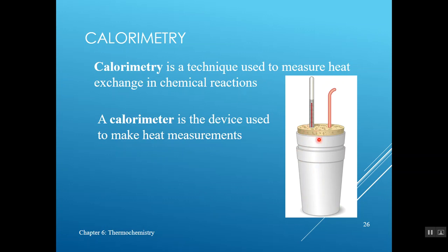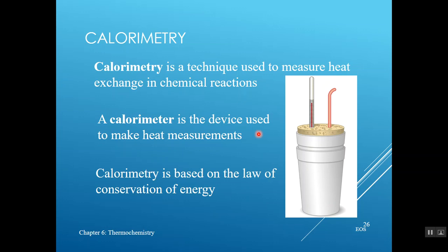You have a stopper here, or cork, or a cover, which covers whatever is inside the cups. You also have a thermometer, which is used to measure the temperature changes, and this rod here is basically a stirrer to ensure that you have a mixing of the reactants inside the cup. And the calorimeter is what this is called.